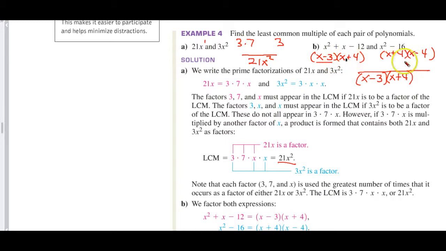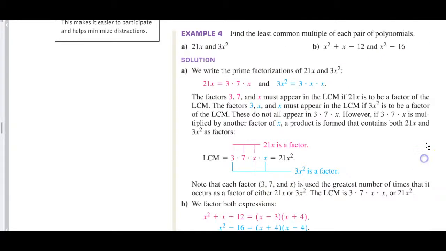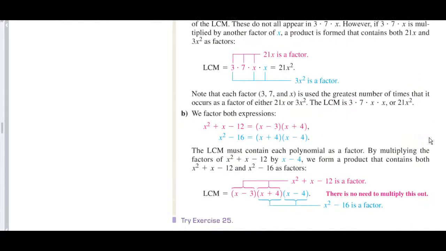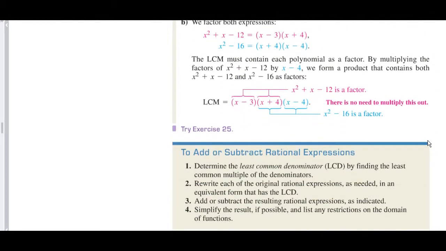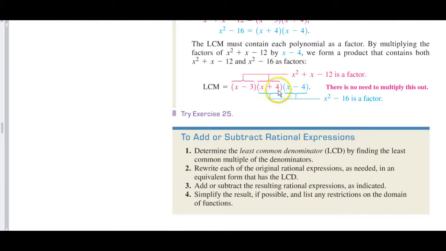Well, just once. So that's why we only need one, and we're going to need one of those. And that's what they have down toward the bottom here. So in a sense, if you were to FOIL this, you'd get x squared minus 16 is a factor, and you need this other one.